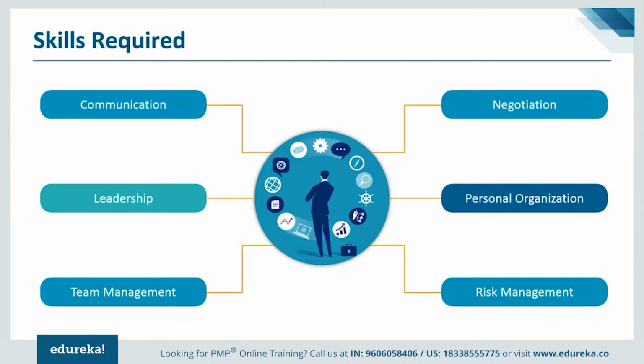Another thing is, of course, leadership. Now, whichever structure you have in your organization, be it a matrix structure or a typical hierarchical structure or a functional structure, leadership is definitely required. Even your team members who are working on your project with you, whether they report to you or not, you still need leadership.